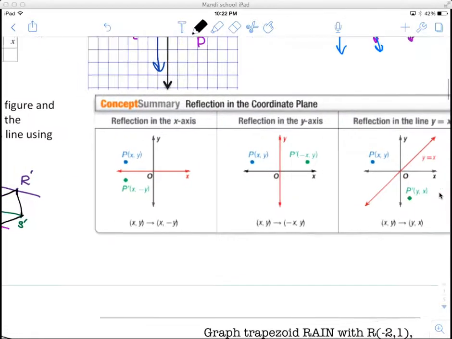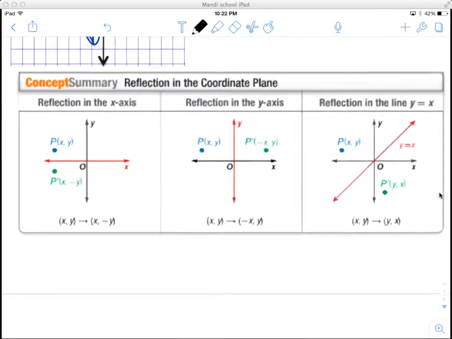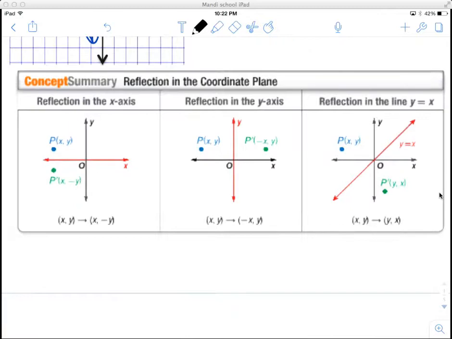So there are coordinate rules. Now, I never use the coordinate rules for reflection because a lot of times you could just count and kind of see where it goes. But if you want the coordinate rules, here they are. For any coordinate x, y, to reflect in the x-axis, you're just changing the y to a negative, or the opposite of.